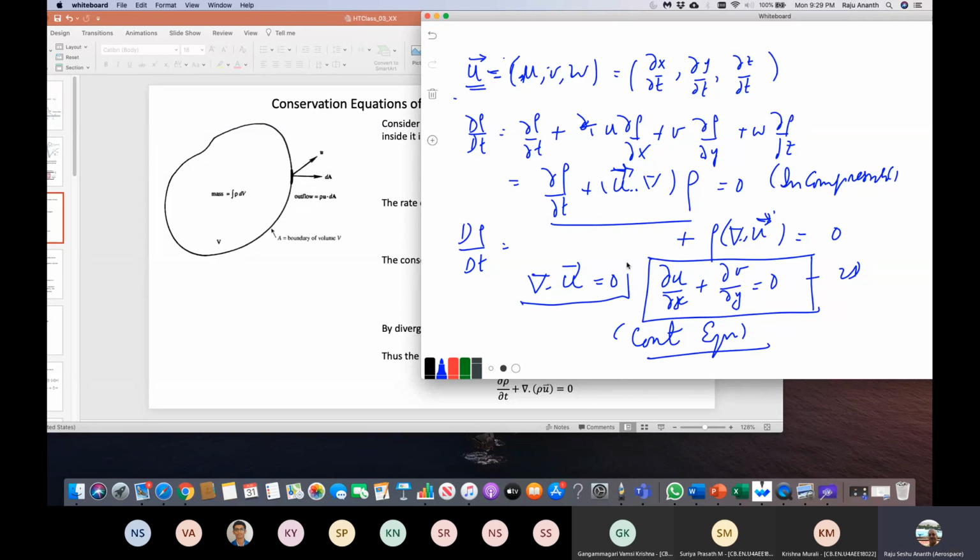Since this material derivative is 0, I plug this into my continuity equation. My continuity equation was this plus u dot del rho plus rho del dot u. Since this is 0 for incompressible flow, del dot u must be 0. So my continuity equation for incompressible flow becomes du dx plus dv dy is 0.